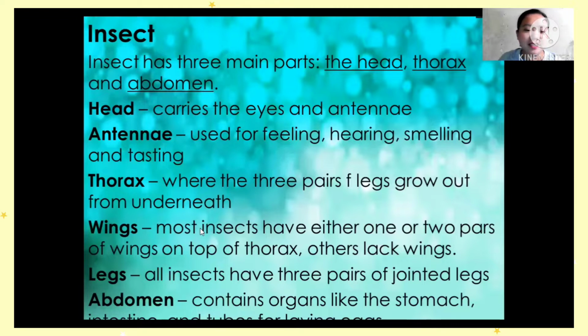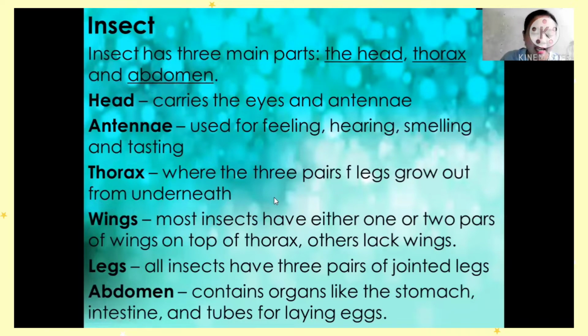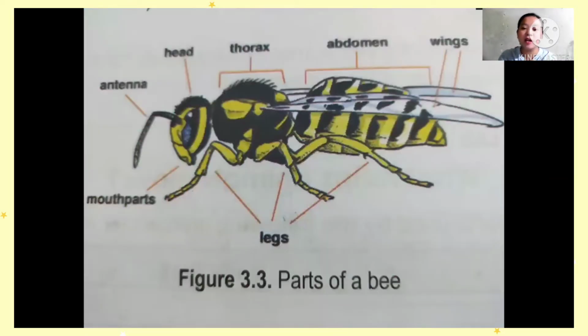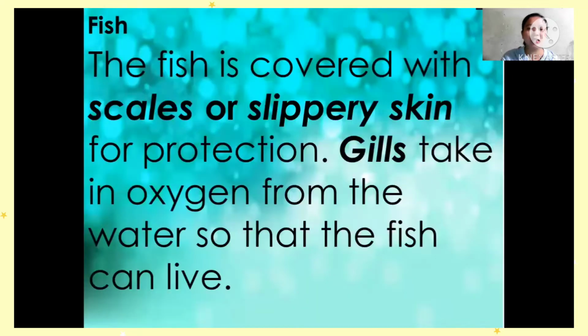What about legs? All insects have three pairs of jointed legs. And then the abdomen contains organs like the stomach, the intestine, and tubes, or for laying eggs. So this is our parts sample of an insect.